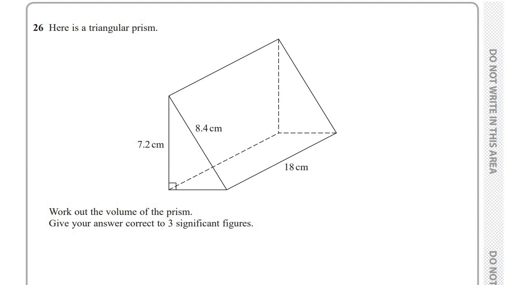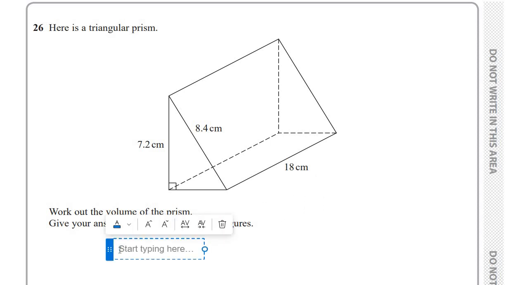Now here we have a triangular prism, and we need to work out the volume. Now, volume of a prism is area of the cross section times the length of the prism.